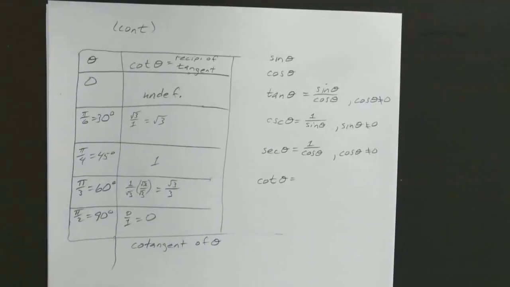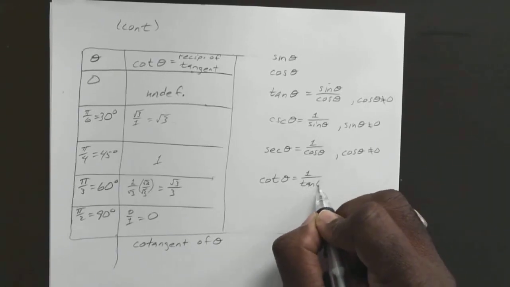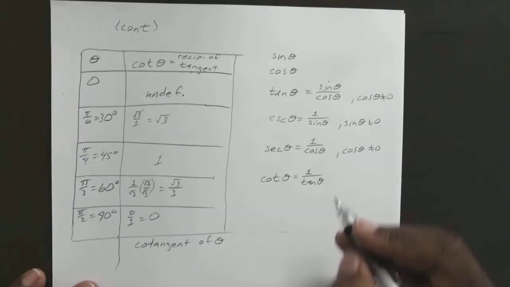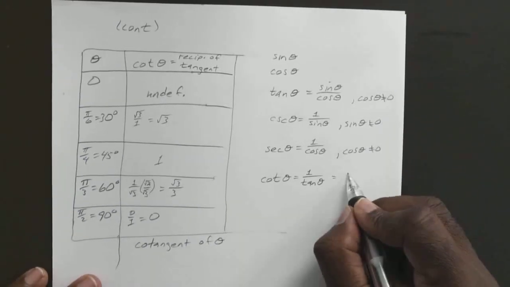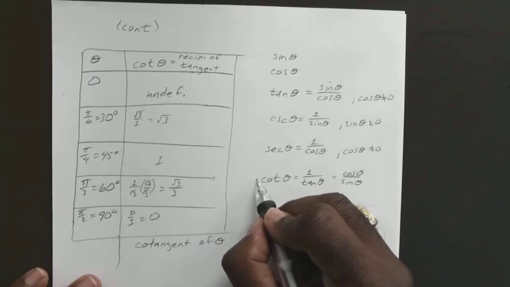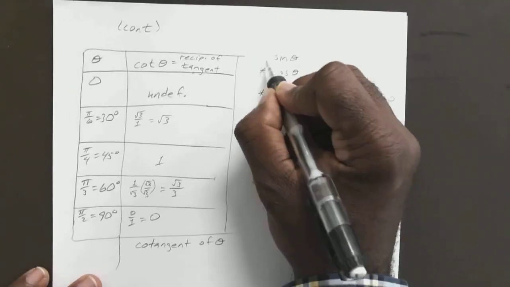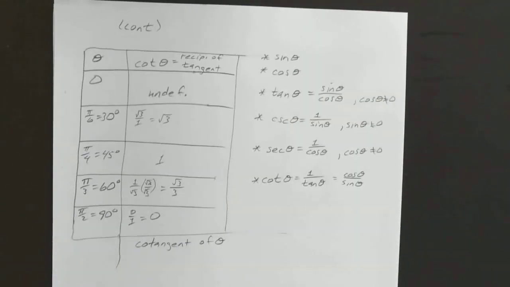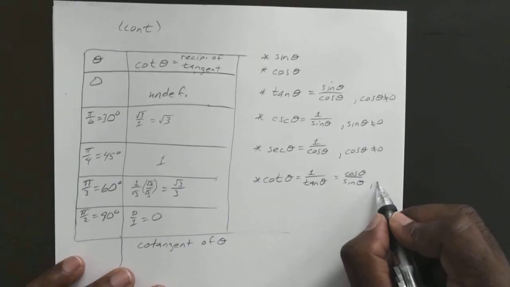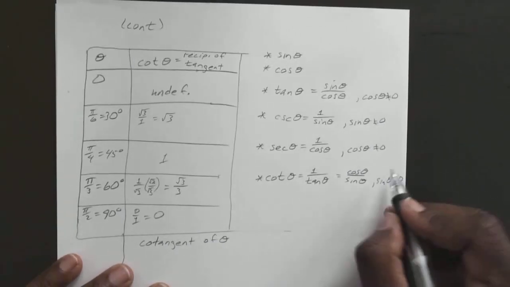And then you have cotangent, which is just tangent flipped. Or if you wanted to put it as sine and cosine, that's just cosine of theta over sine of theta. Of course, here sine of theta can't equal 0.